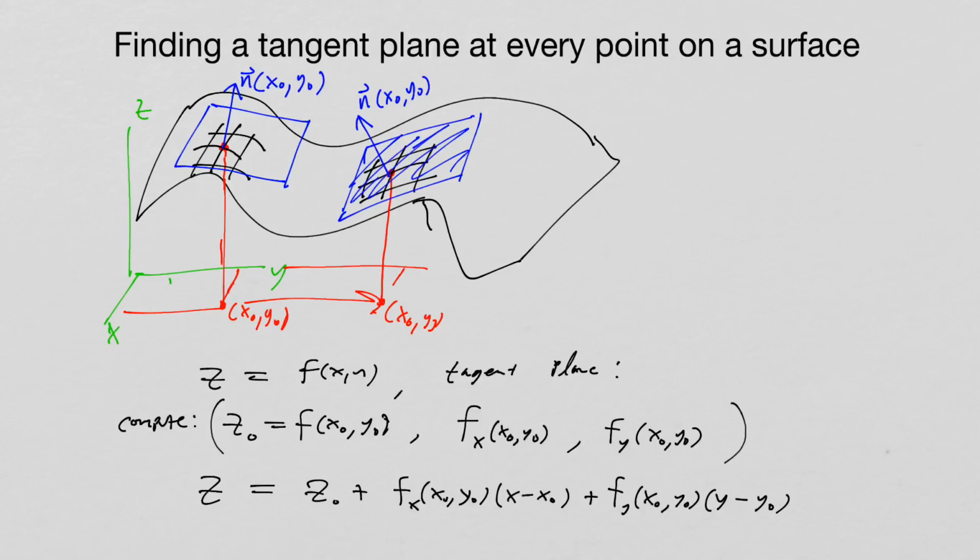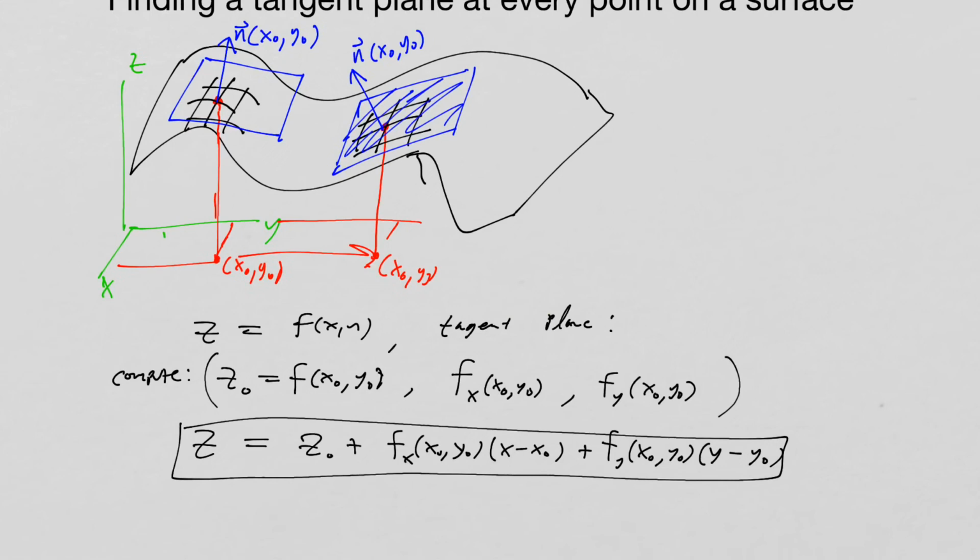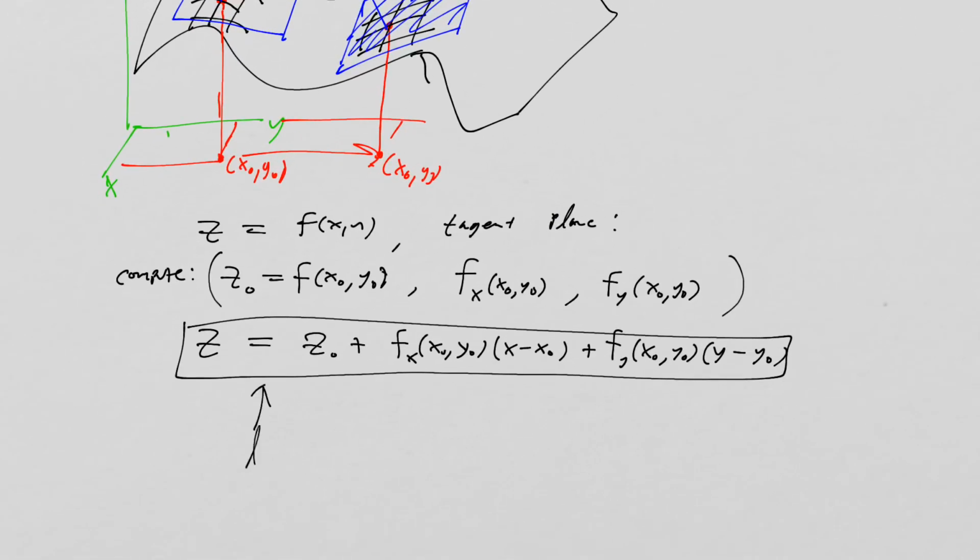So this is what we call the linear function approximation at x naught, y naught.